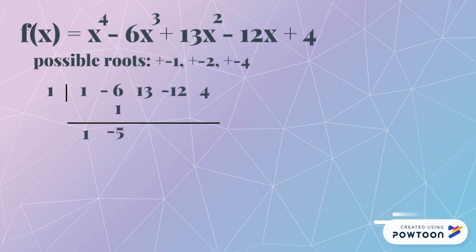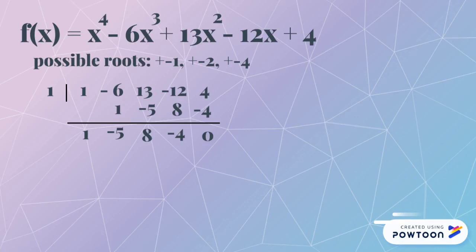Multiply by 1 and we'll have −5. 13 minus 5 is equal to 8. Multiply by 1 and we'll have 8. −12 plus 8 is equal to −4. Then multiply it by 1 and we have −4. So 4 minus 4 is equal to 0. The function has no remainder. Therefore, 1 is a root of this function.